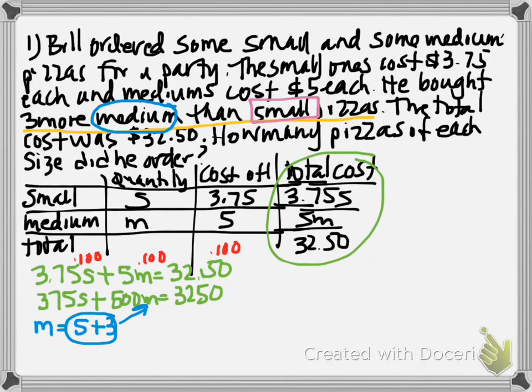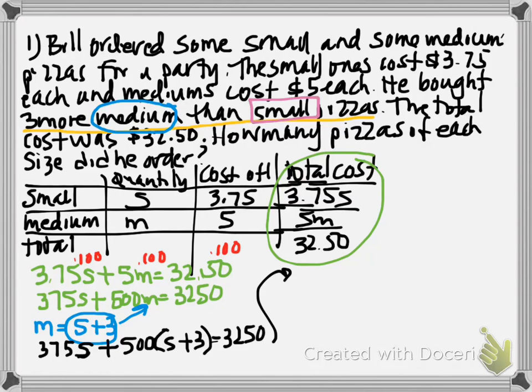So our equation that we're going to solve is 375s plus 500 times the quantity s plus 3 equals 3,250. I distribute, and I get 375s plus 500s plus 1,500 equals 3,250.